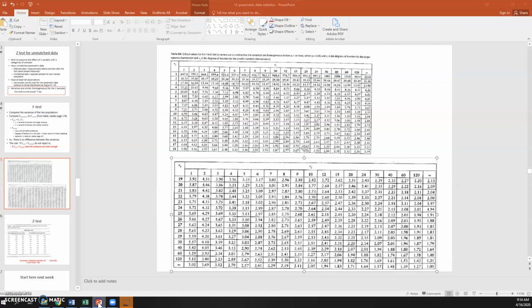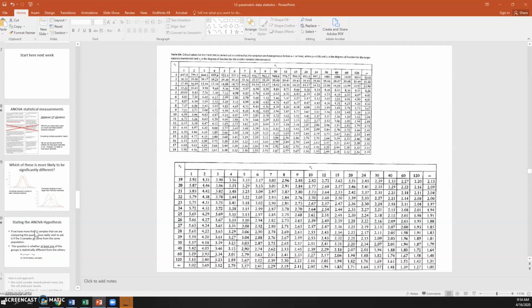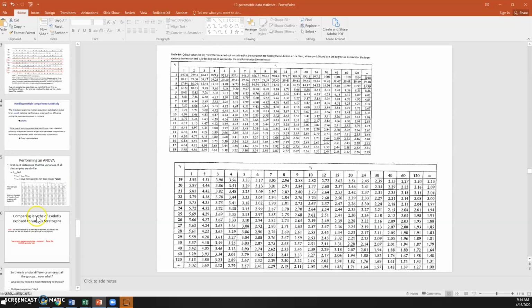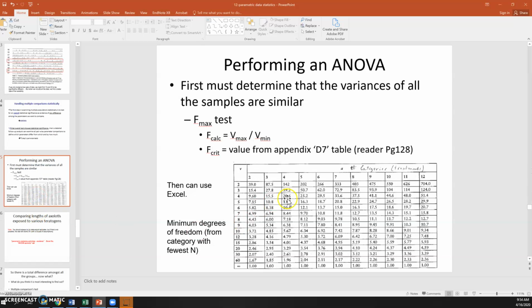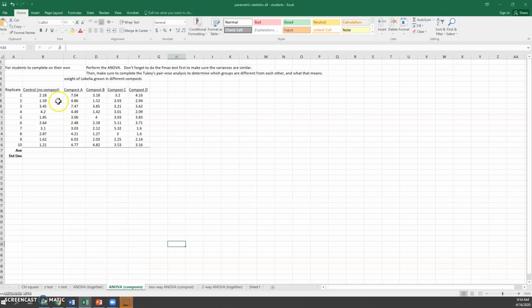But for the F max critical, you have to use a different table. For the F max critical, that table becomes this one because now we have multiple groups. So now A becomes our number of groups. For the composts, it would be 5. And the degrees of freedom is just the minimum, and we have an N of 10. For these groups here, we had 1, 2, 3, 4, 5 groups. That's why our A is 5.